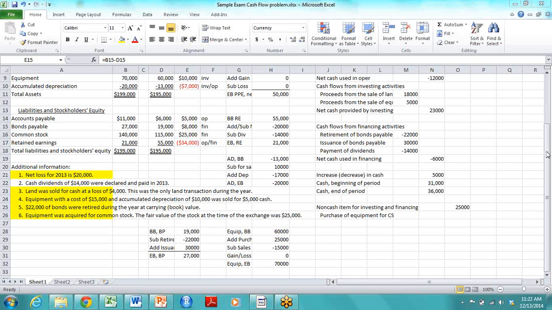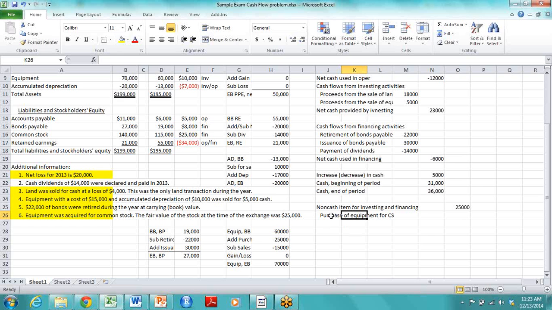So that's that. And does the extra non-cash item affect any of the totals? No, it just becomes additional disclosure at the bottom of your cash flow statement. So it doesn't affect any of the totals as part of the increase decrease in cash, or as part of any of the separate activity totals. So no, it does not.